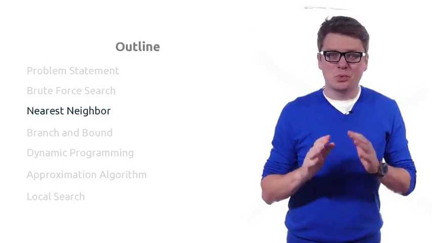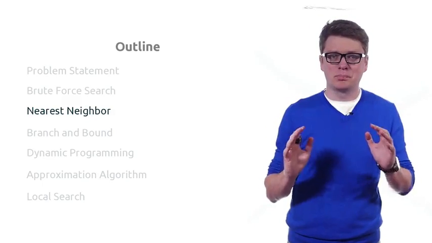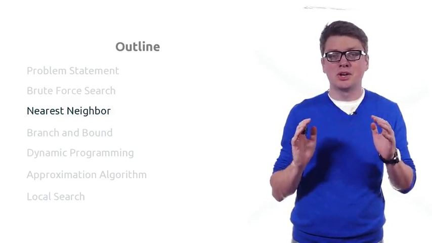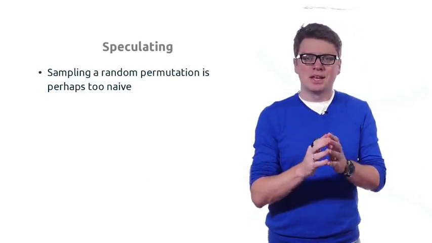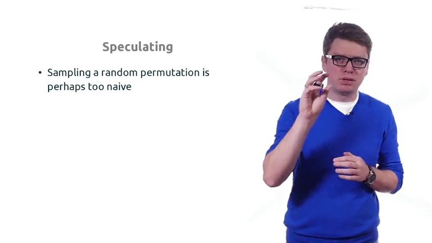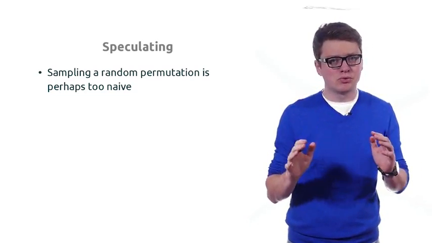In this video, we are going to discuss the so-called nearest neighbor approach, or it is also sometimes called the nearest neighbor heuristic. As we've seen, just pulling a random permutation, a random candidate solution, might give quite a poor result.